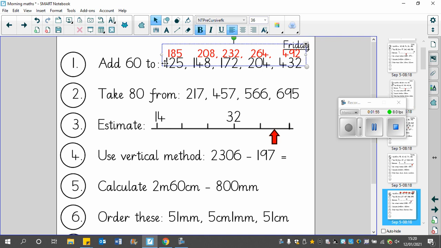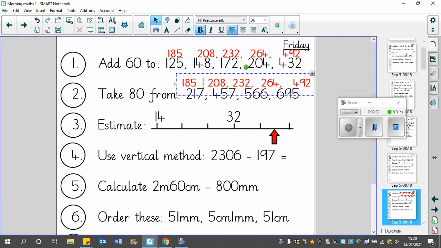492. Now, if we drag this down here, and we put that there, and we get rid of these numbers which we don't need, and we do this. Okay, 217. Now remember, we're taking 80 away. So let's remember, there's always more than one way to do things. So with this one, I'm going to say this is 21.